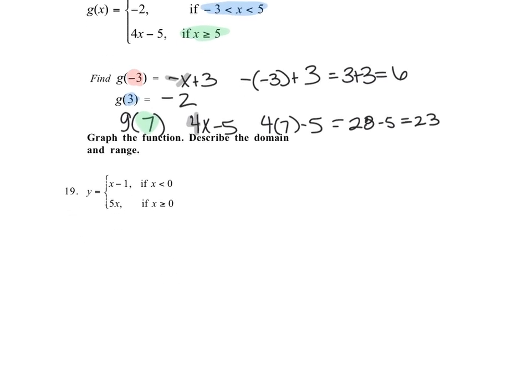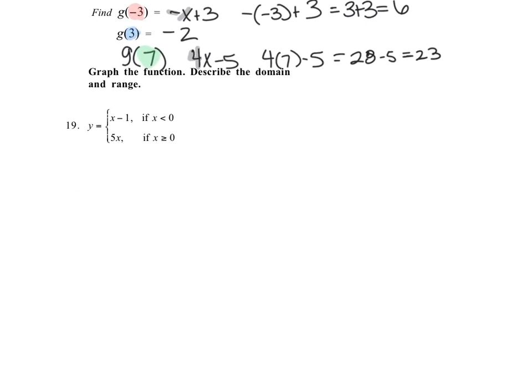So there is one graphing problem you're going to have to do. So we're going to graph, and again, I like to color code it. I think it helps to see the 2 pieces of our graph.